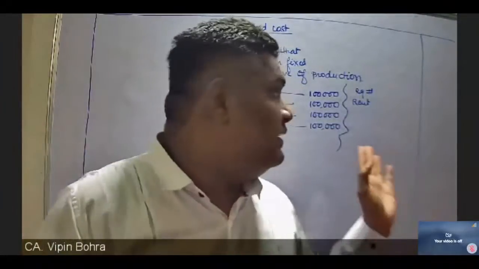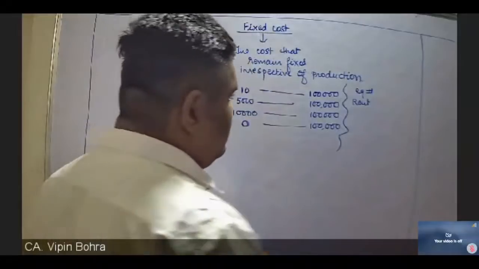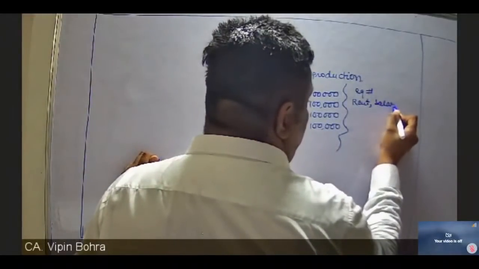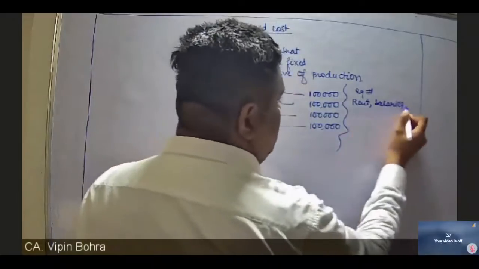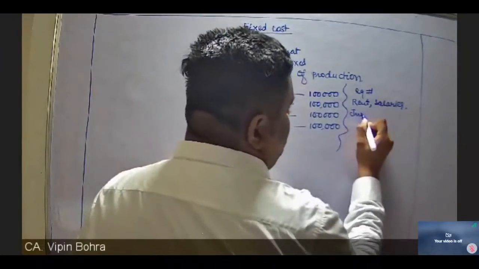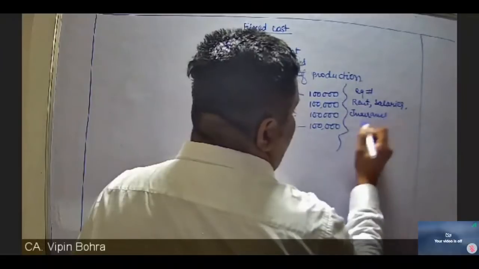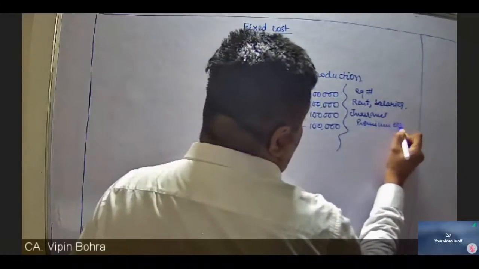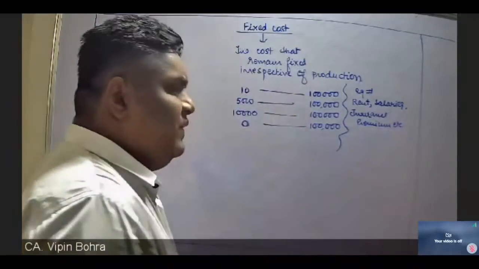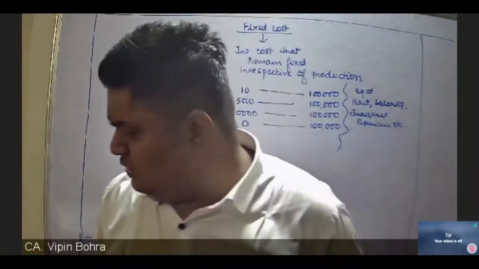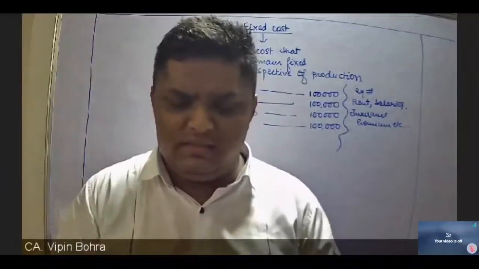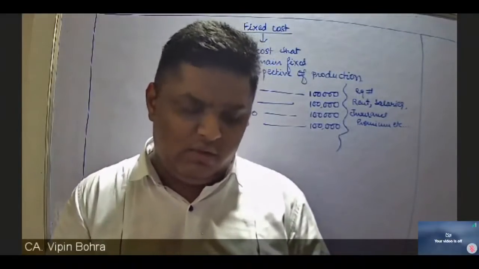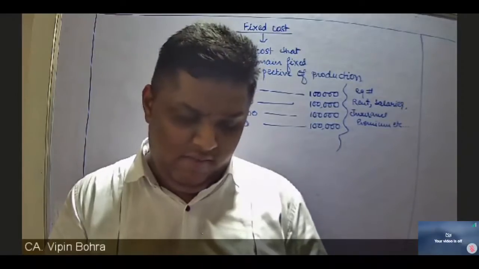That's fixed. Salaries, insurance premium, etc. So what is fixed cost? The cost that remain fixed irrespective of production. Whatever the number of units you produce, this cost will always remain fixed.